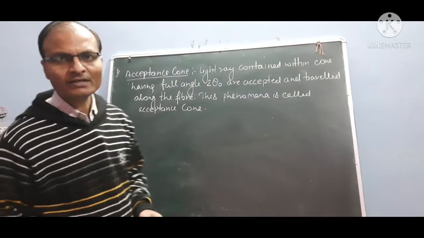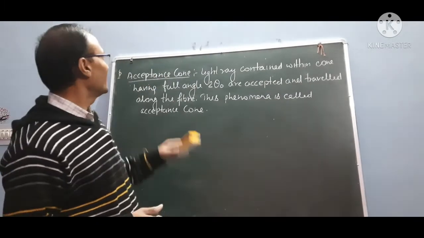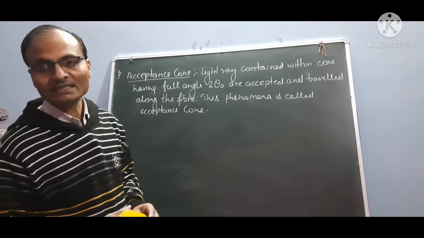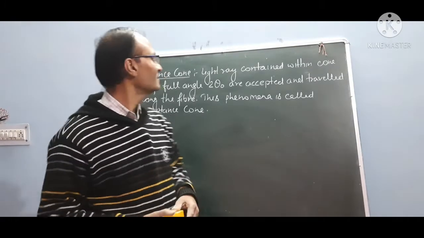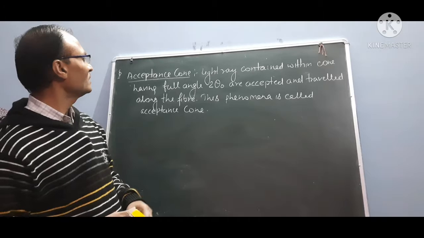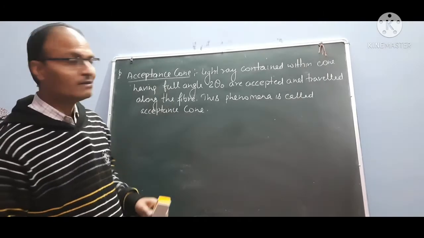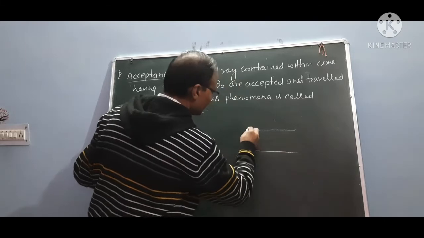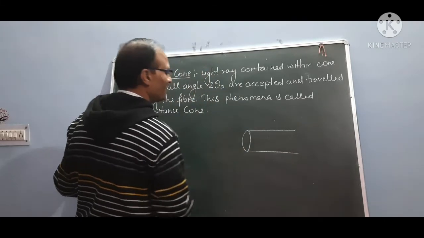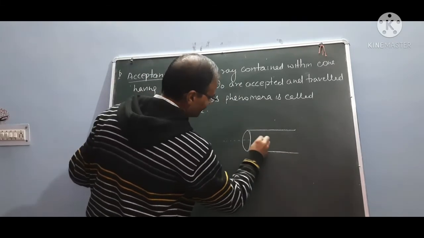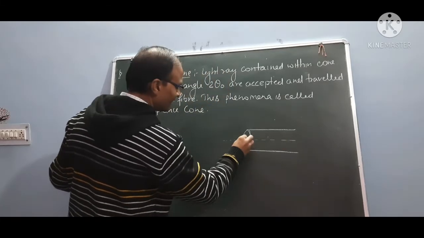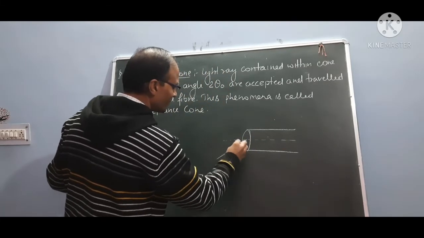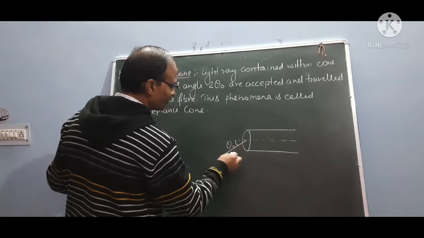Now the next point in optical fiber is acceptance cone. What is acceptance cone? Light rays contained within a cone having full angle. Full angle means when the light travels in the core medium, this is the cross-section area, light will enter in this path, theta naught.